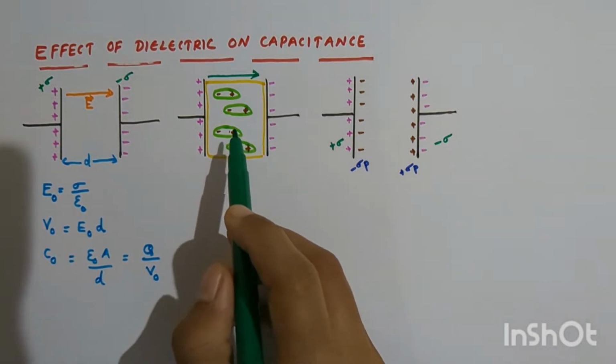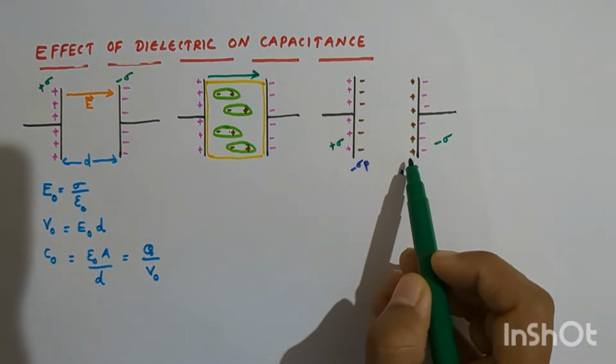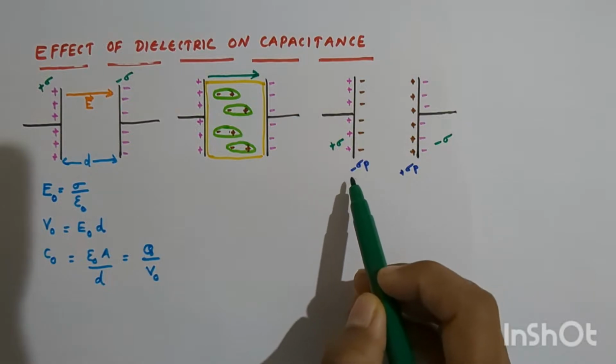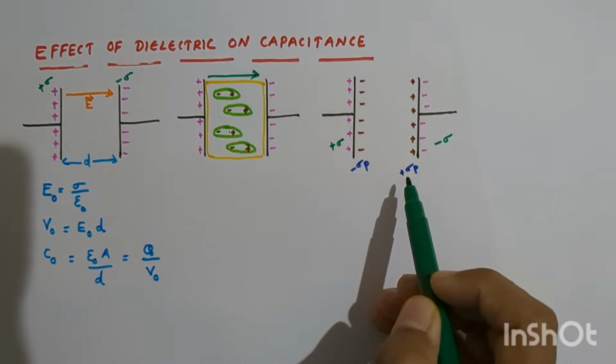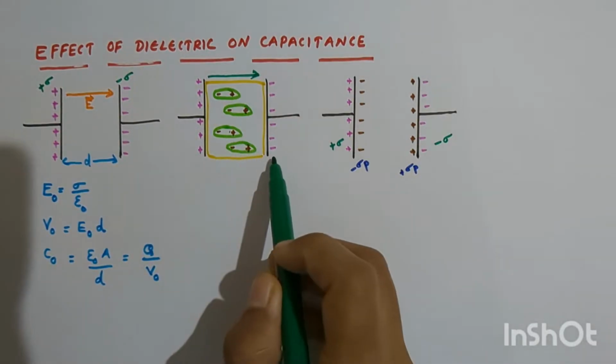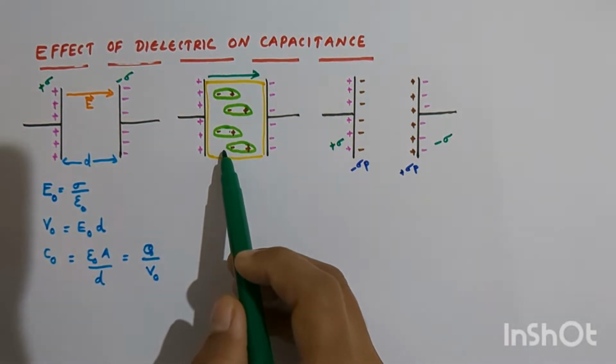This effect is actually equivalent to two charged sheets with surface charge densities minus sigma p and plus sigma p. Here we have a dielectric present in between the two plates of the capacitor. Because of this external electric field, they get polarized.